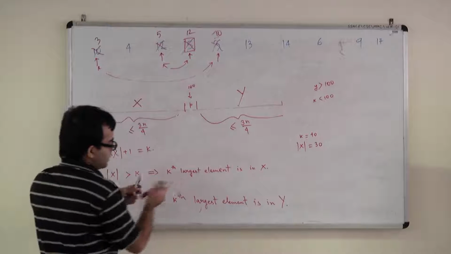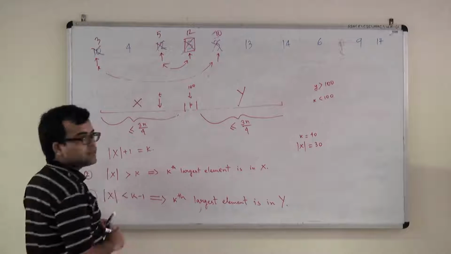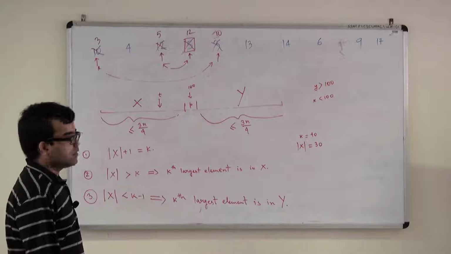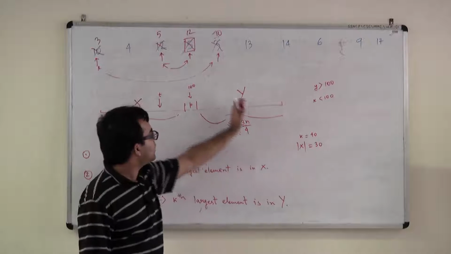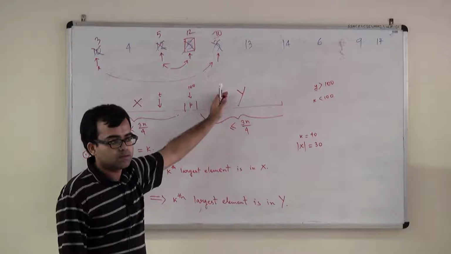If the element that you are looking for was say T and you said that T is here, how many elements can be smaller than T? At most 30, no? Because all the elements here are larger than P.